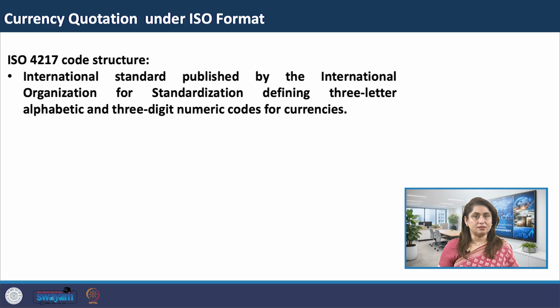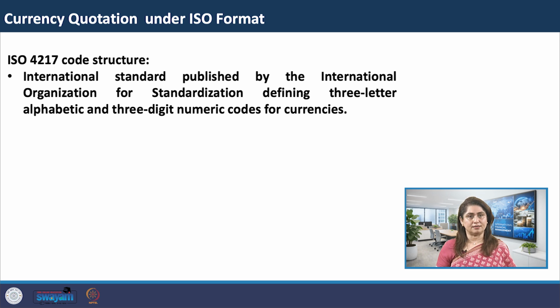Now we must understand the standard language used in foreign exchange markets. Banks, dealers, and payment systems use ISO 4217 currency codes, which commonly define currency names for international transactions with 3-letter alphabetic codes and 3-digit numeric codes.